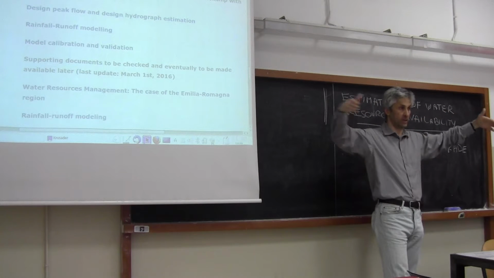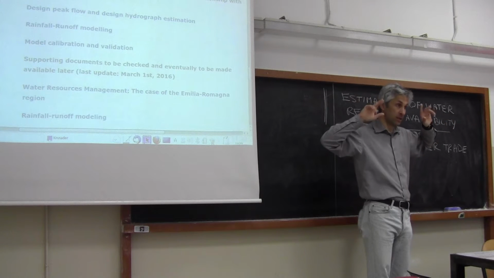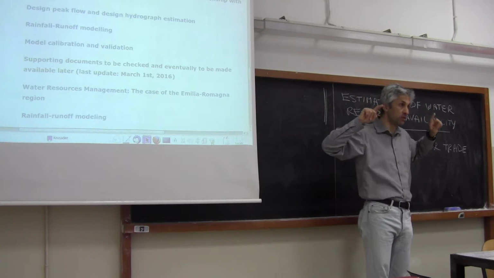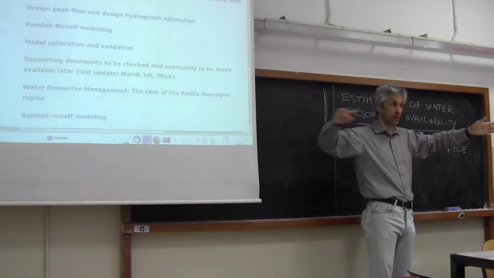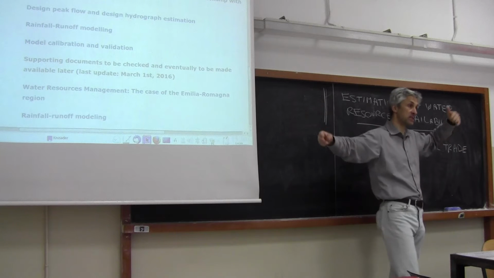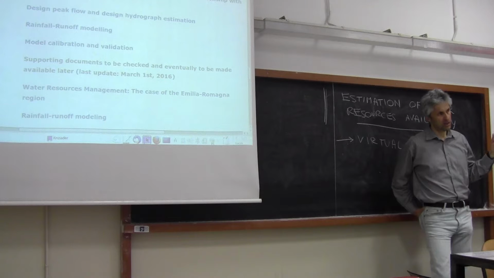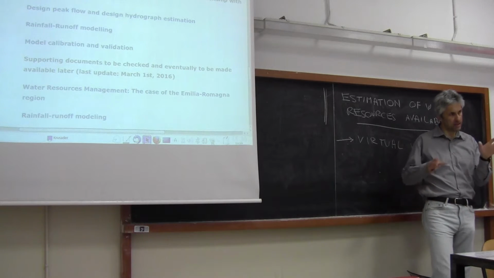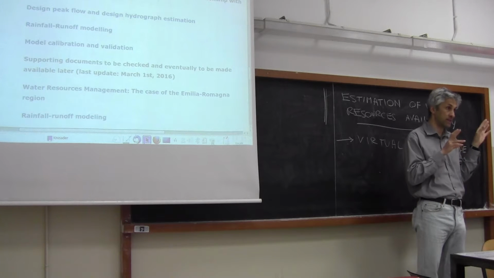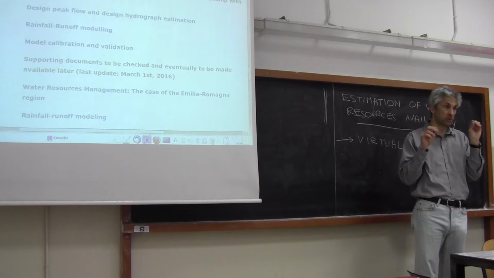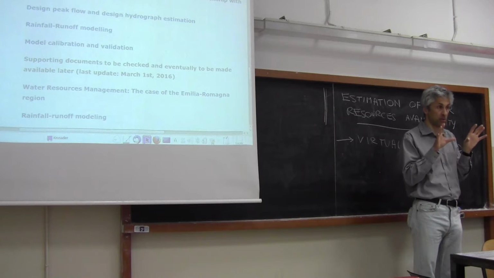You need the whole hydrograph. But not just the flood hydrograph. We are moving to a different problem. We need a long hydrograph encompassing the whole year and several years. So you understand that this is a more difficult situation. And the problem that we are studying is as important as floods. So when we speak about droughts, when we speak about water resources management, it's still a very important problem.